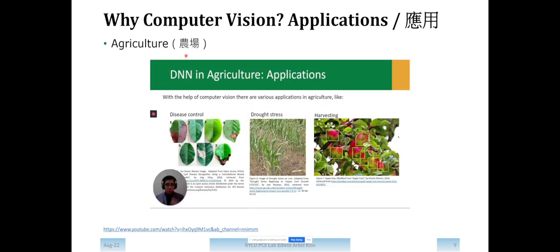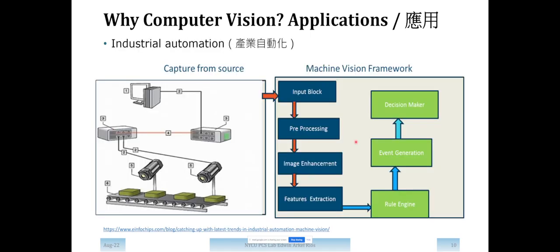Then there are farm applications, like disease control or problems due to drought, lack of water, or when you need to harvest. For example, these apples already look ripe, so we need to prepare them. These kinds of things are all applications of computer vision.